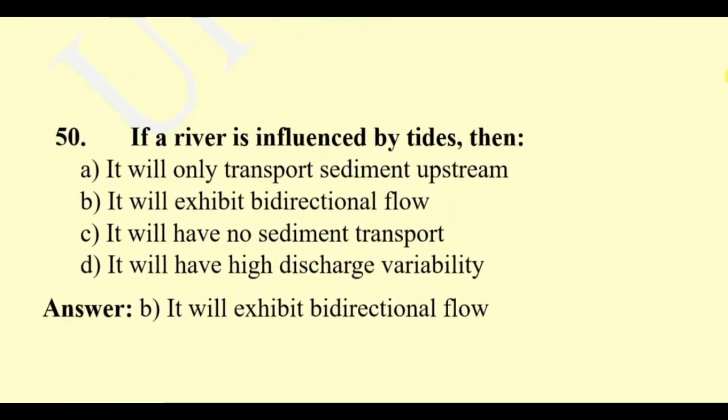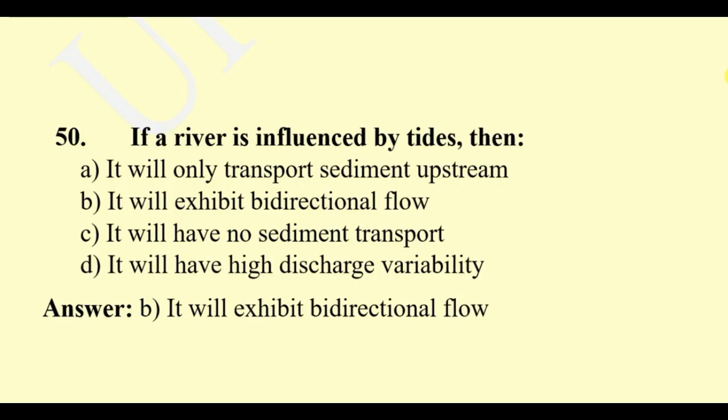Question number 50, last question of this video. If a river is influenced by tides, then it will only transport sediment upstream, it will exhibit bidirectional flow, it will have no sediment transport, it will have high discharge variability.